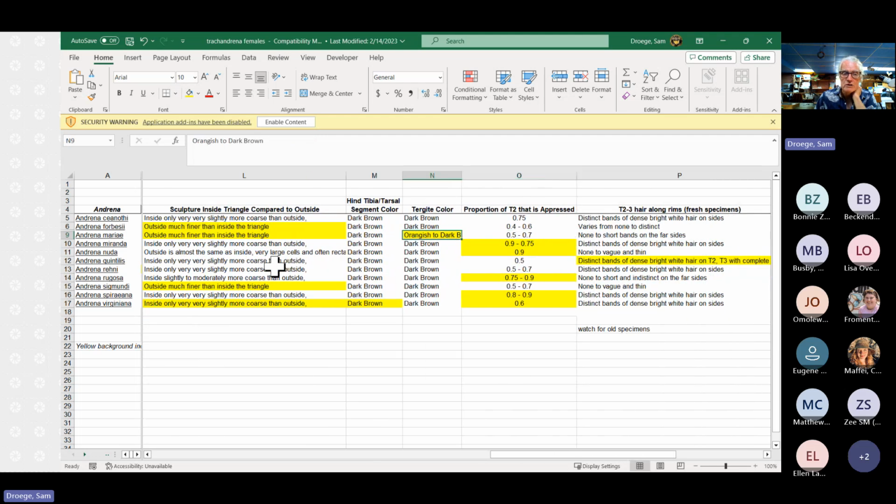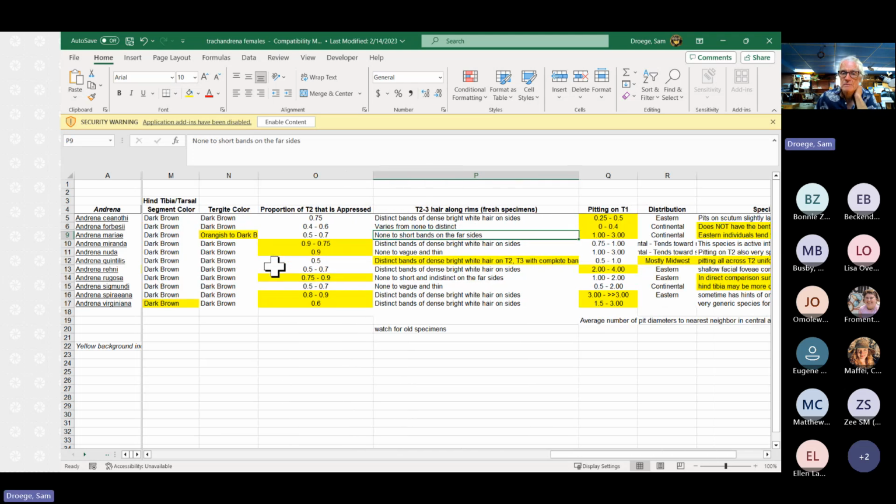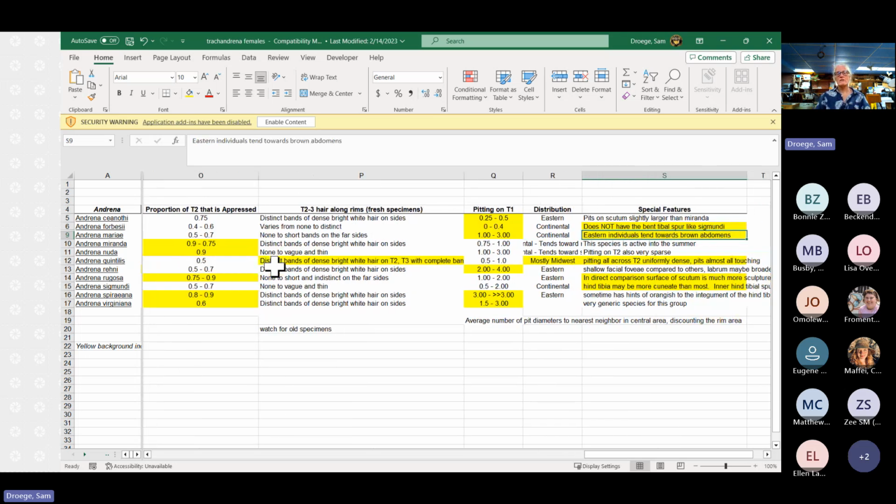Again, not orangish to dark brown tergites, but T2 overlaps, short bands, pitting 1 to 3. So that's quite different. Okay, so I think we don't need to worry about Maria anymore.